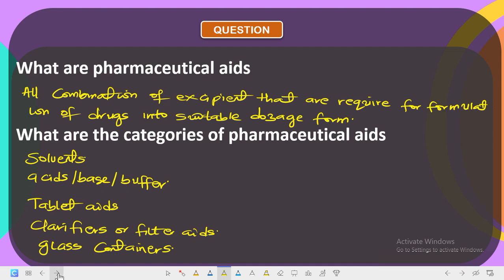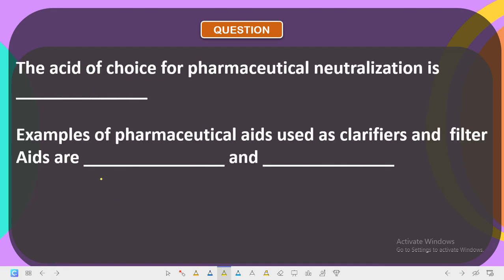Okay. Now the next. The acid of choice for pharmaceutical neutralization is HCl. Examples of pharmaceutical aids used as clarifiers and filter aids are, I think, activated charcoal and purified talc.